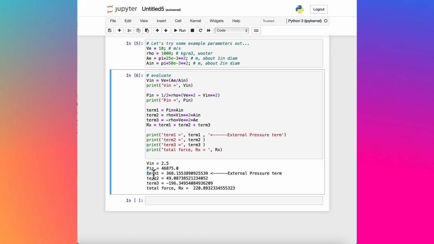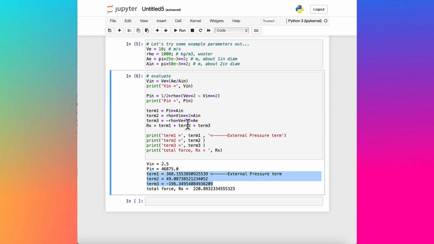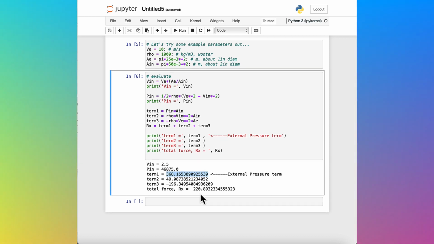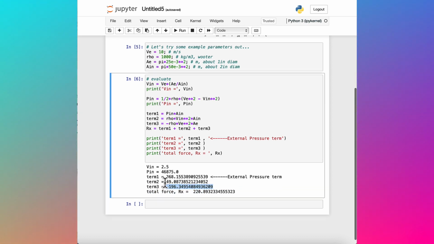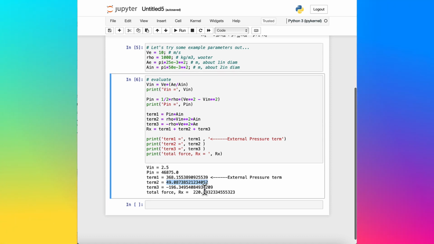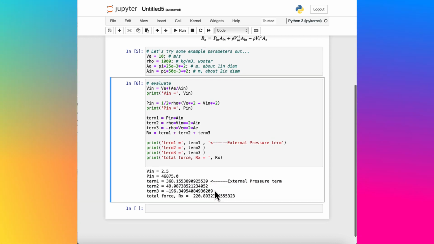When you compare the three terms that show up in the reaction force, you'll find that the pressure force is by far the biggest force involved. These other terms do exist: there is an inlet rate of momentum flowing into the control volume, and there is momentum flowing out of the control volume.